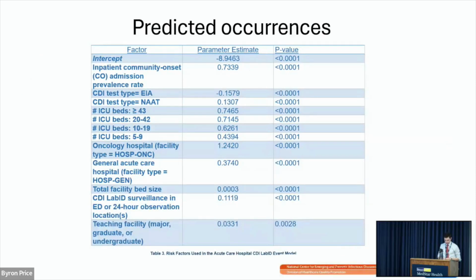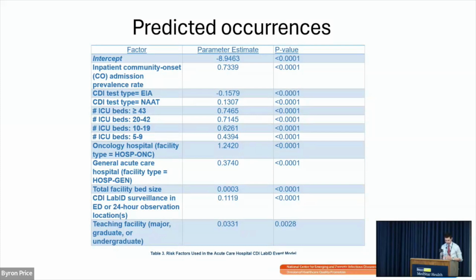You might be thinking to yourself right now, as I thought to myself many times, how do they know how many infections our hospital is expected to have? It's a lot of math, and if I tried to explain it to you, you would probably lose some respect for me, so I'm not going to do that. But as I understand it, data is collected about our hospital, and it's weighted against multiple risk factors for C. diff events.